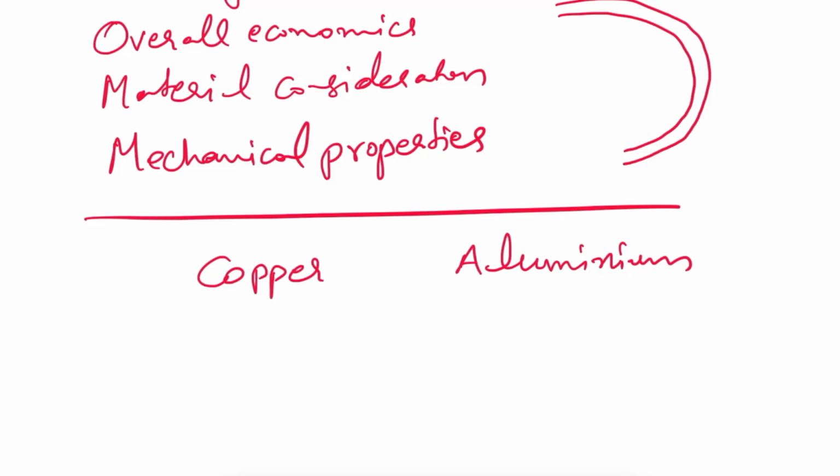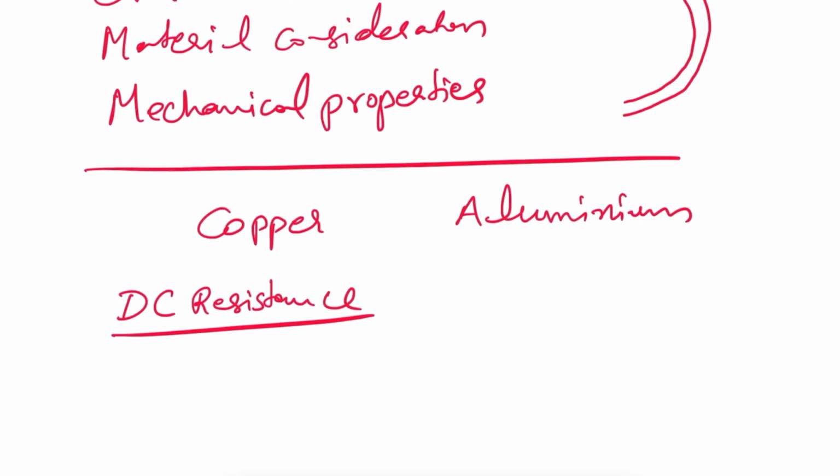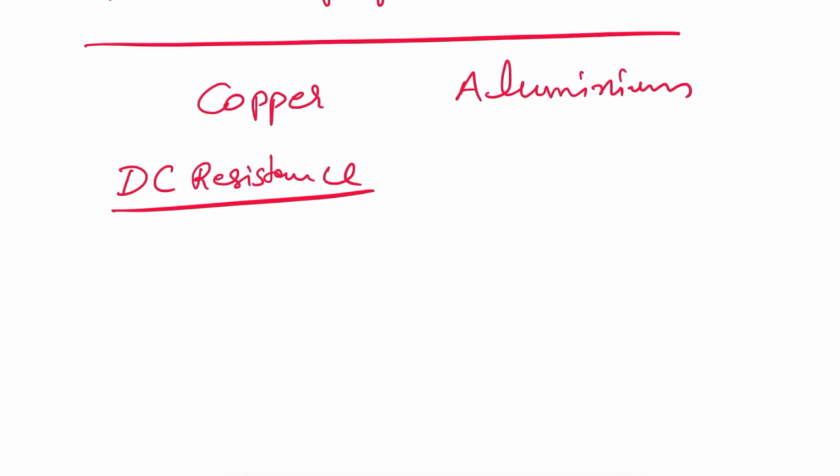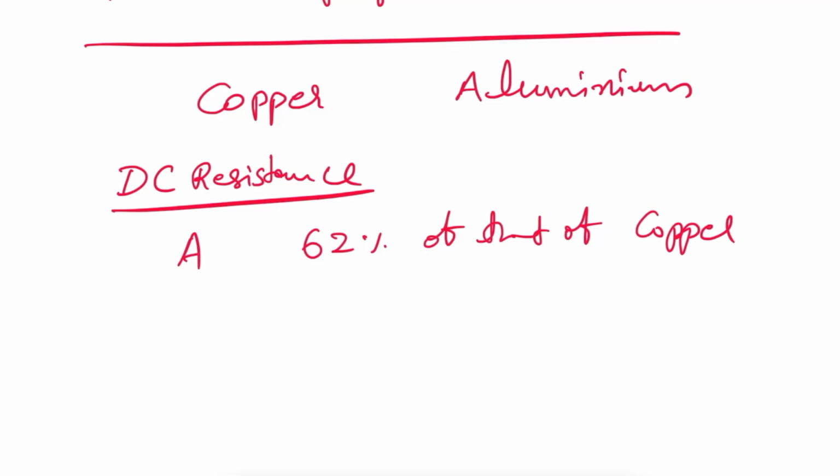The first property which needs to be seen is DC resistance. DC resistance of aluminum is about 62% of that of copper.